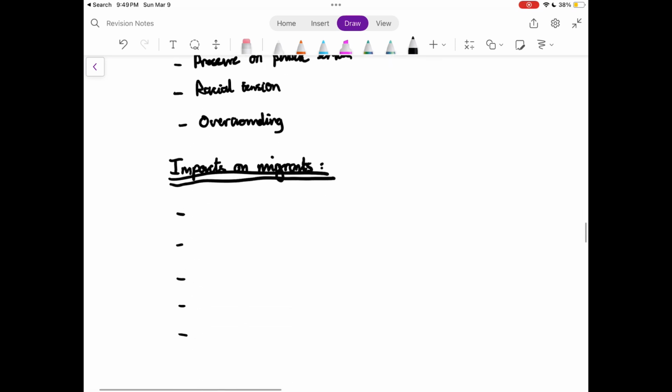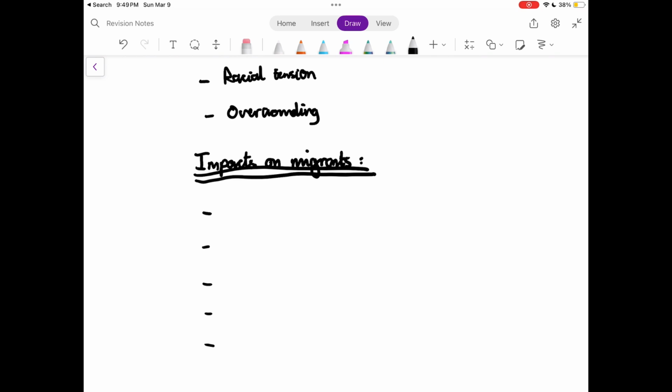Okay, so now we're going to be looking at the impacts on the migrants themselves. So a negative impact to start with is cultural assimilation. And this is because migrants may find it difficult to assimilate into a society that's different from what they're used to back home.